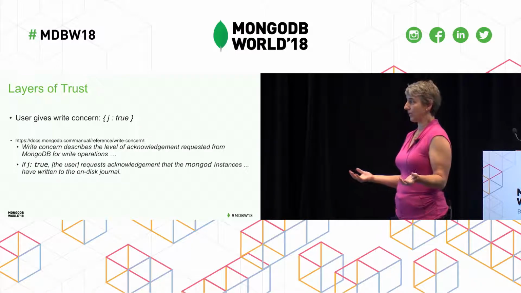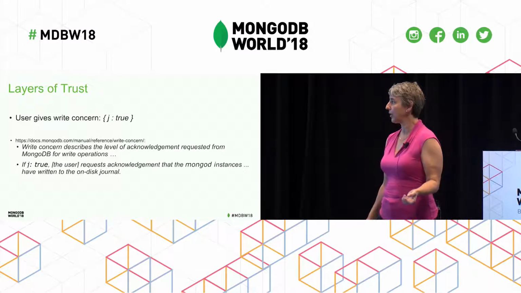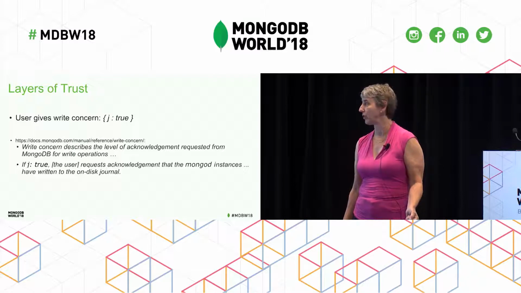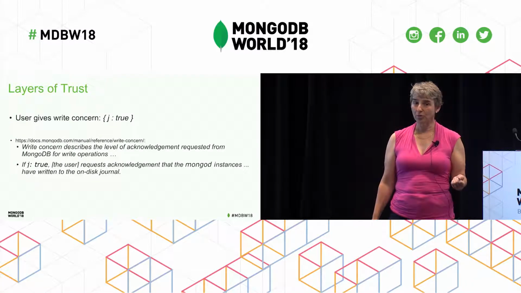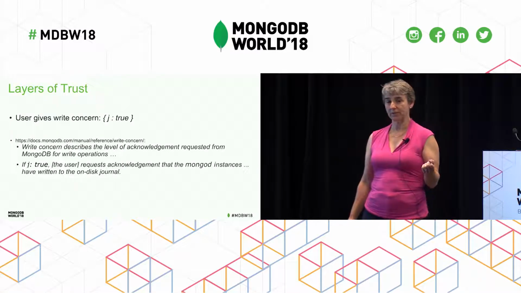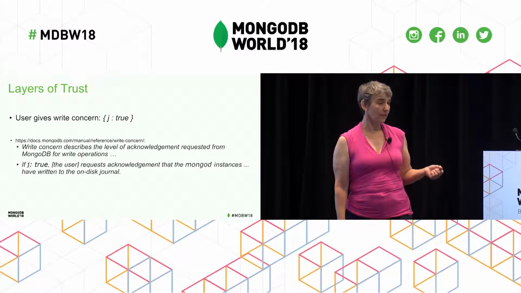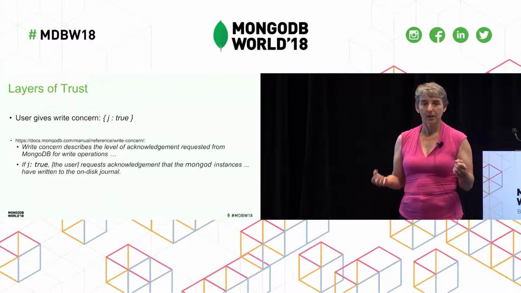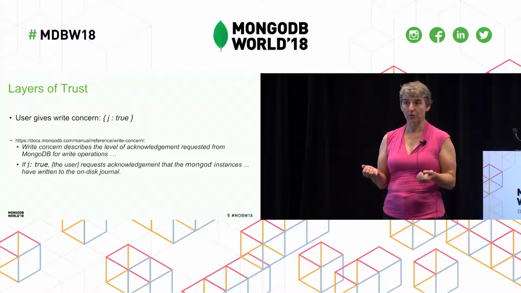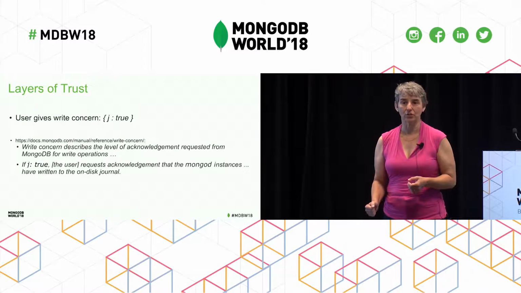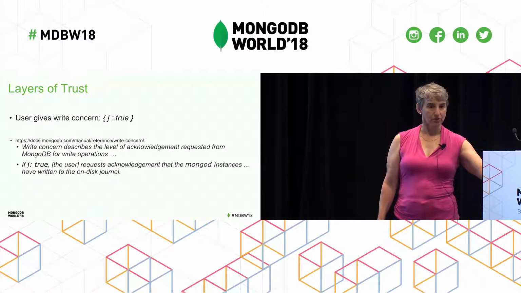The write concern describes the level of acknowledgement requested from MongoDB for a write operation. If j:true is set, the user requests acknowledgement that the MongoDB instance has written that to the on-disk journal. So MongoDB is promising to you, the user, that when you set j:true, it will be written to the journal.